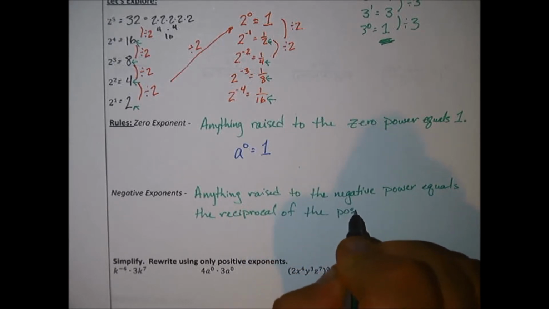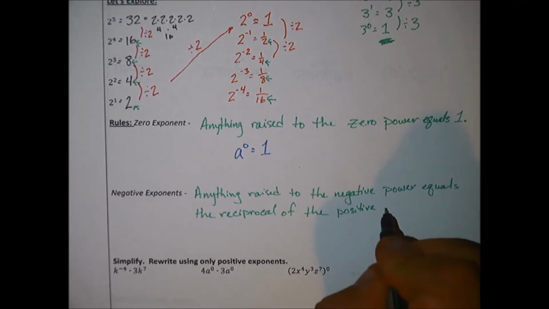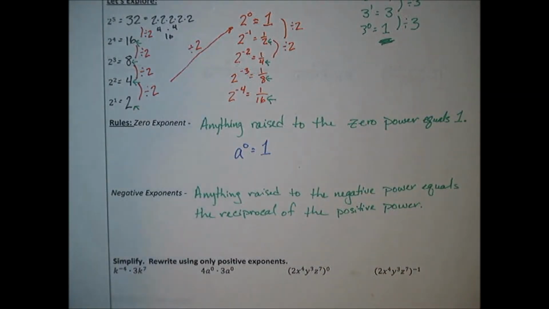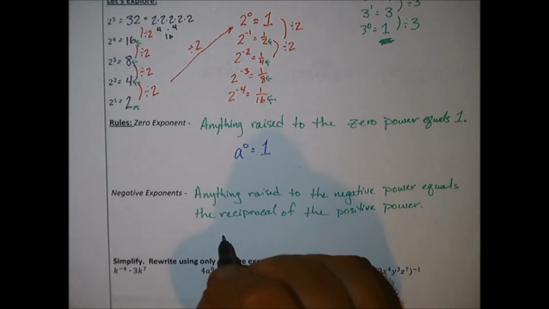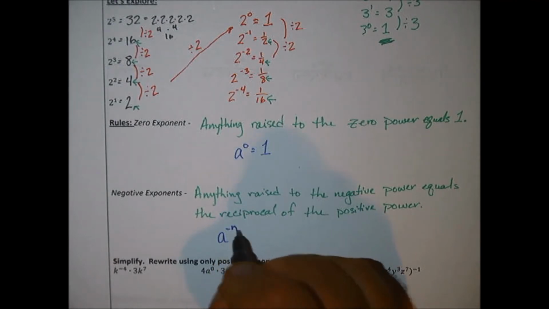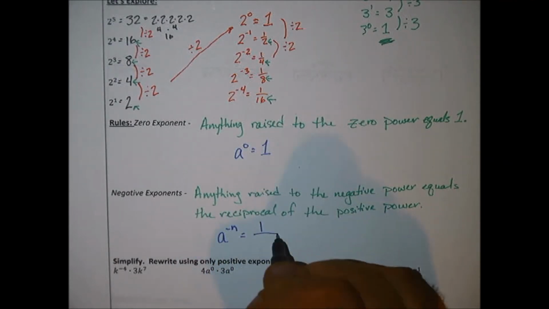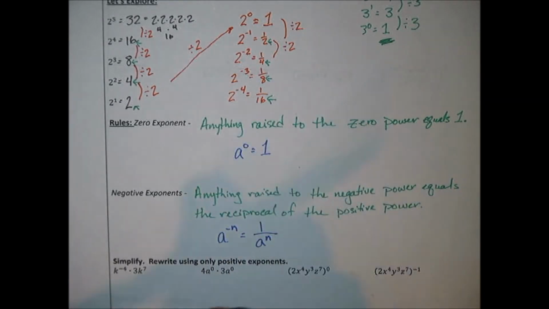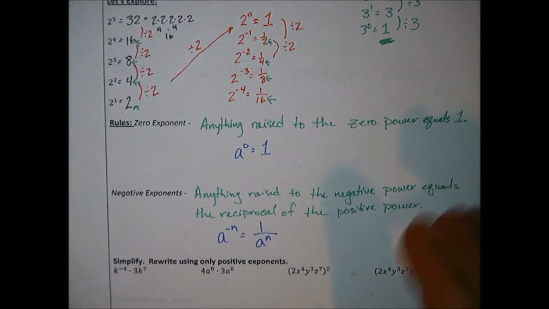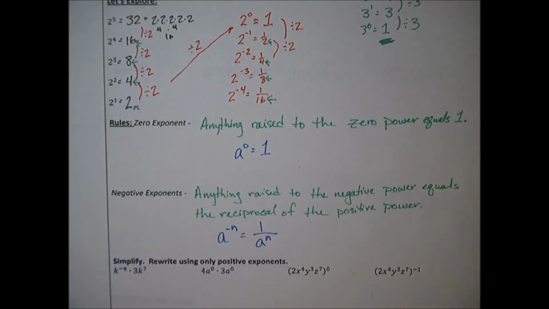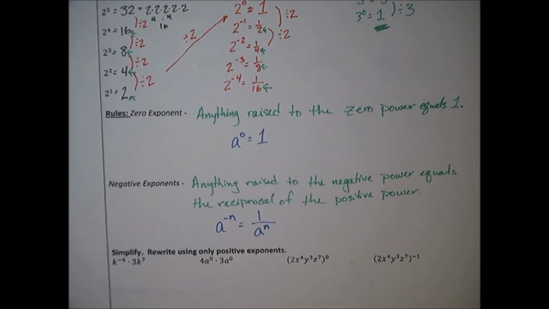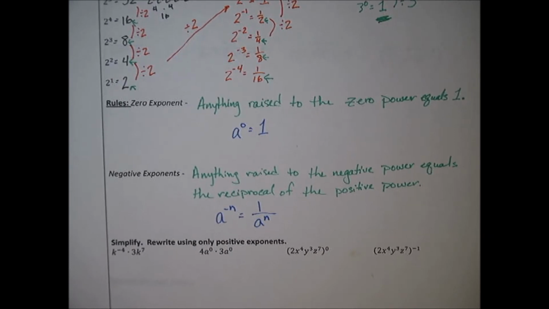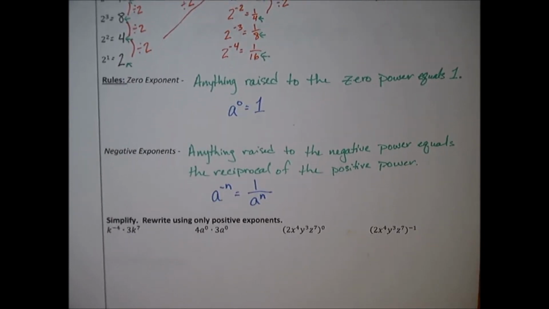That's a little bit tough to understand, so what we like to use in this case is our math writing, or our math definitions. If I have a to the negative n, that's going to be equal to 1 over a to the n. You can see that that was true with the whole list of 2s. You could build up the list of 3s over here and see that same thing is true also. It looks difficult, but really it's not that bad.